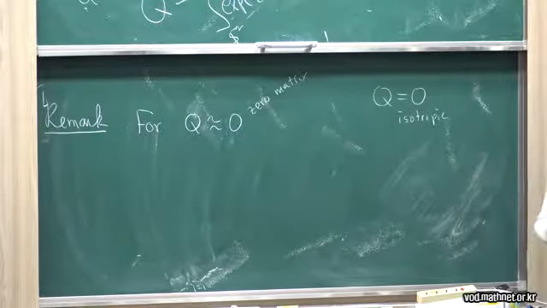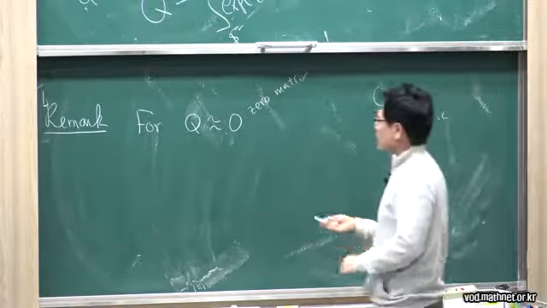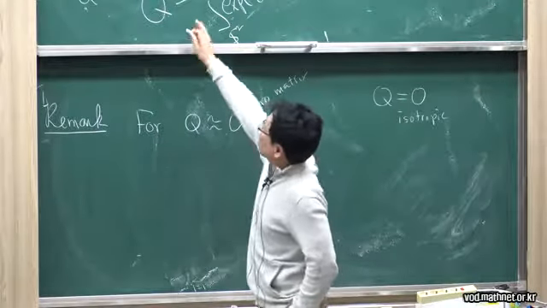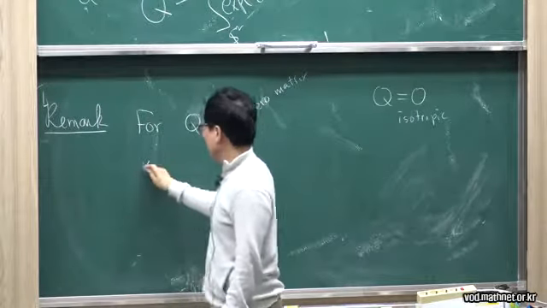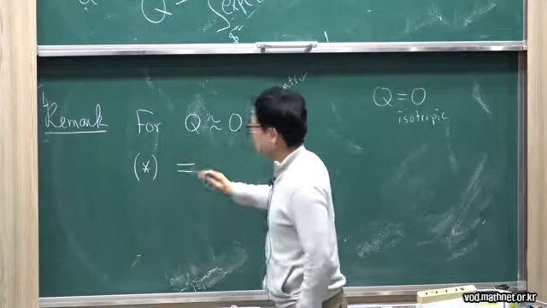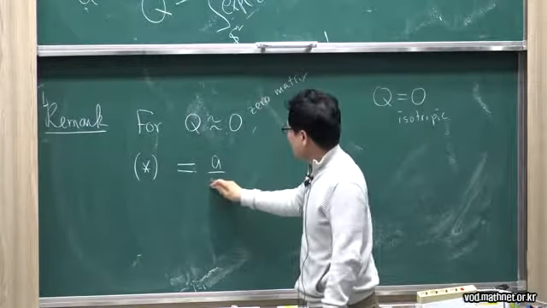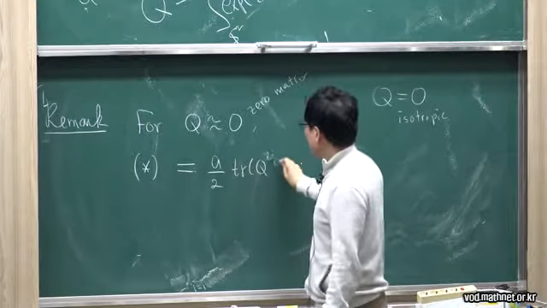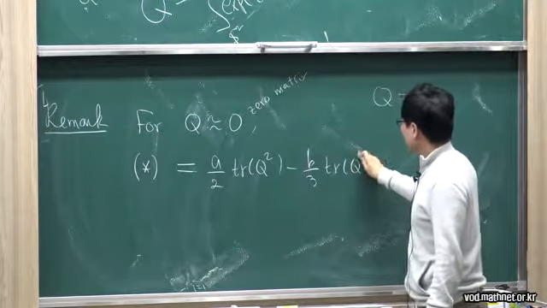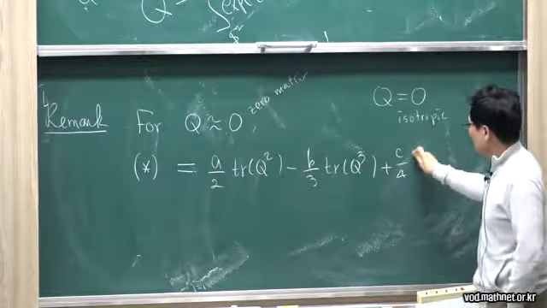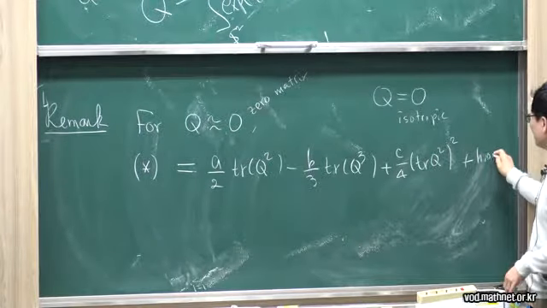So in the phase transition from isotropic to liquid crystal, near the phase transition, this energy star you can write down using Taylor expansion. This would be A over 2 trace Q squared minus B over 3 trace Q cubed, and then C over 4 trace Q squared squared, and then you have higher order terms.